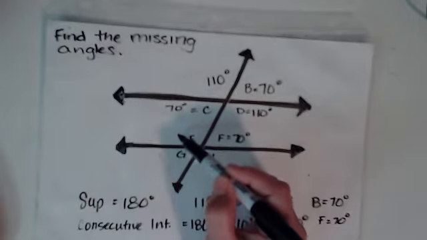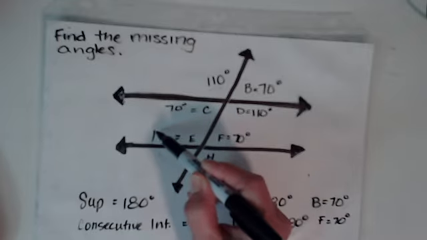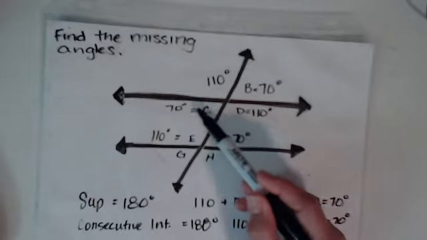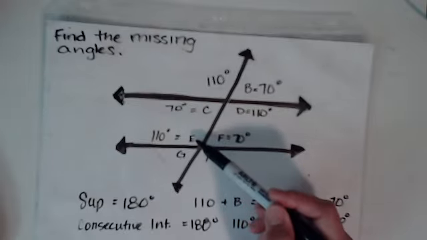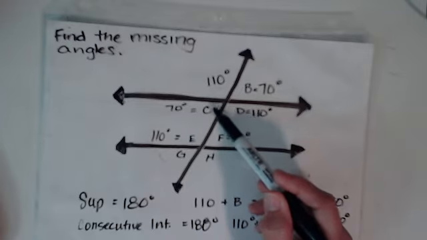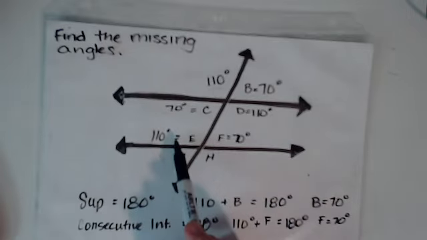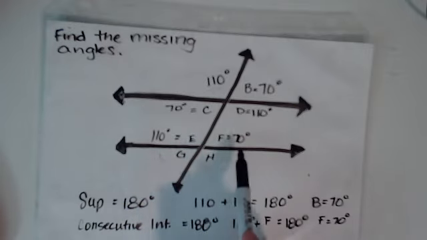So E must equal 110 degrees. We can check this by verifying that the consecutive interior angles add up to 180 degrees. We can also use our supplementary rule to see if angle E and angle F add up to 180 degrees, and they do.